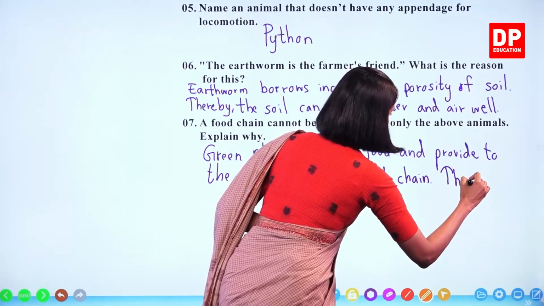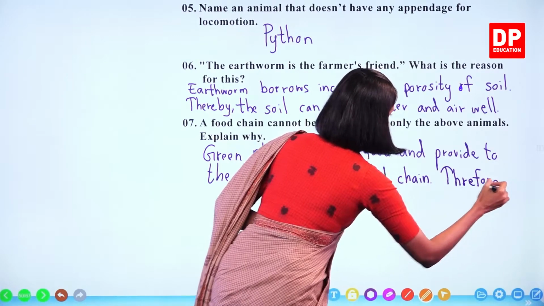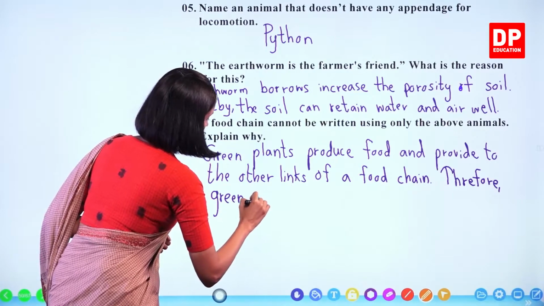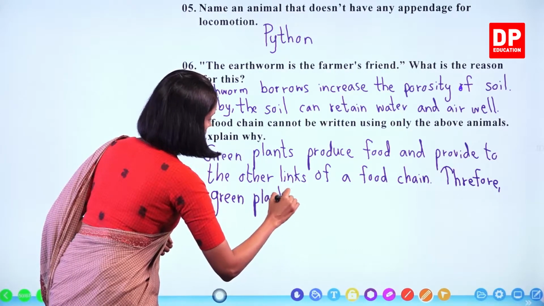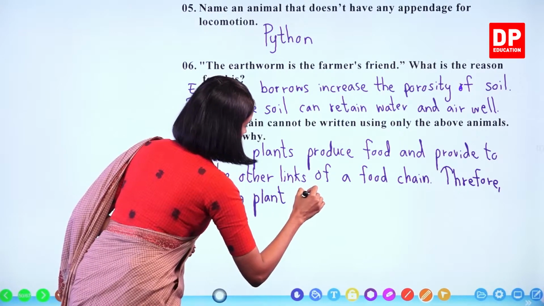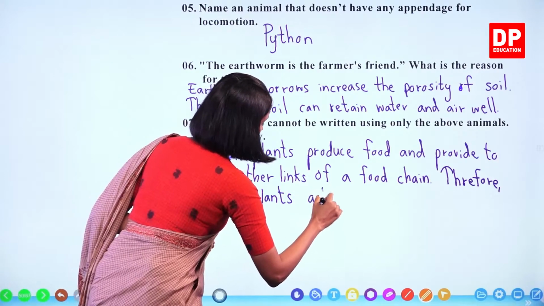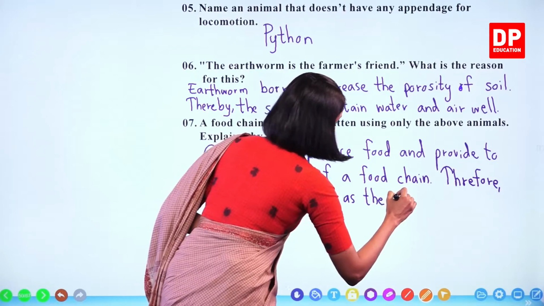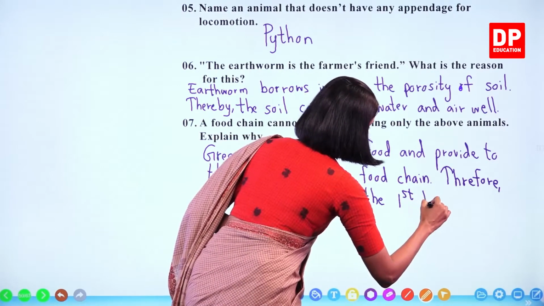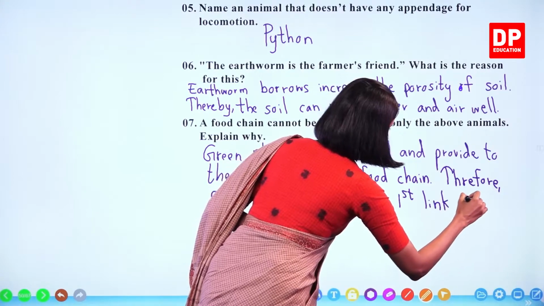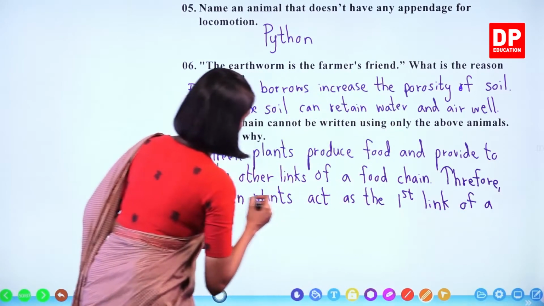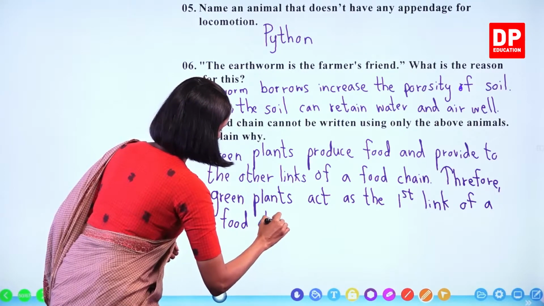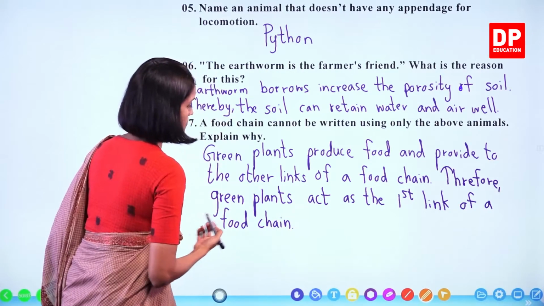Therefore, green plants act as the first link of a food chain.